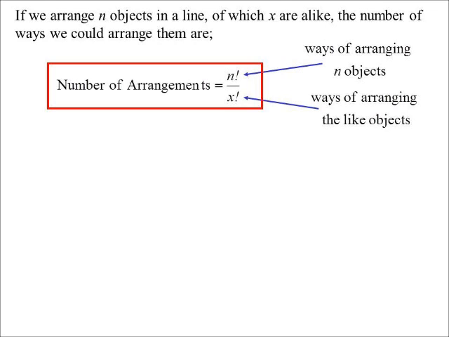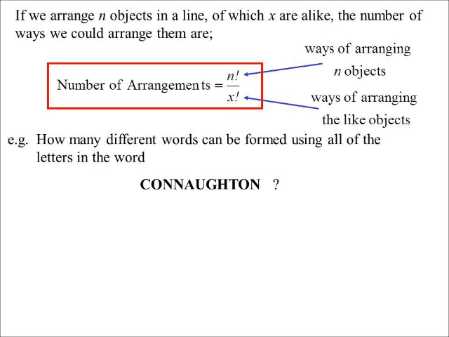So let's look at some questions. Connaughton, a student I taught many, many years ago now, but I always use this as an example because I think it's a wonderful name. Look at all those different letters and same letters, a great one. So how many different words, using all the letters of course, can be formed from Connaughton?